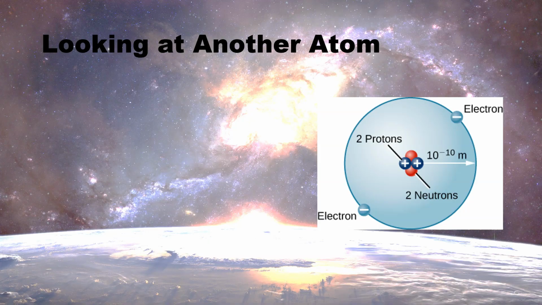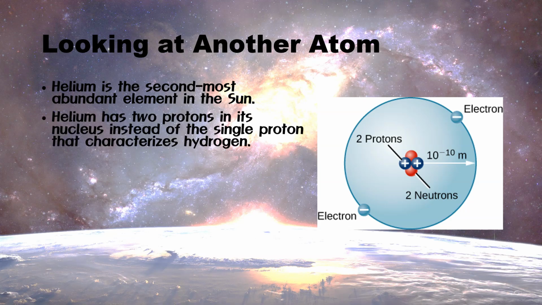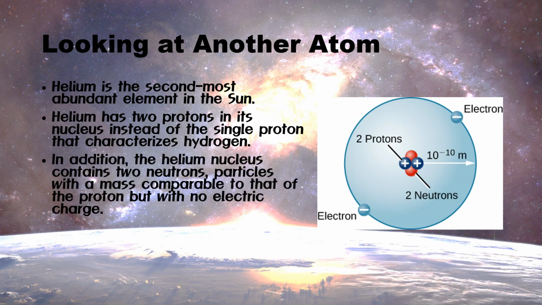Well, that's all fine and dandy for hydrogen, but let's look at another atom to reinforce what we're talking about. Helium is the second most abundant element in our own sun, hydrogen, of course, being number 1. Now, helium has 2 protons in its nucleus instead of the single proton that characterizes hydrogen. In addition, the helium nucleus contains 2 neutrons.